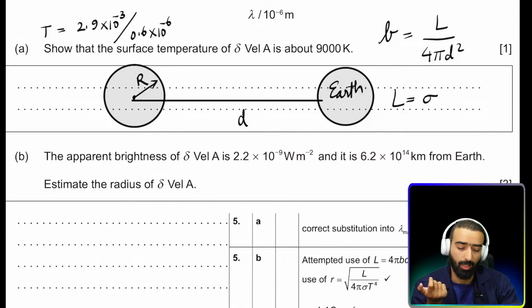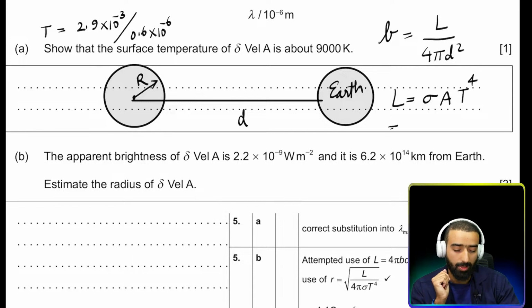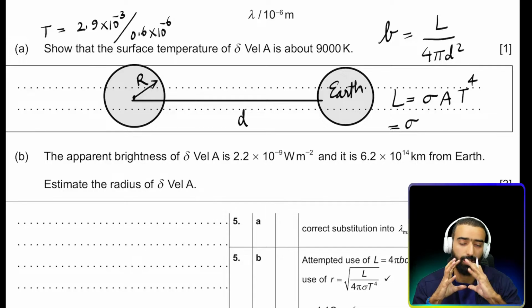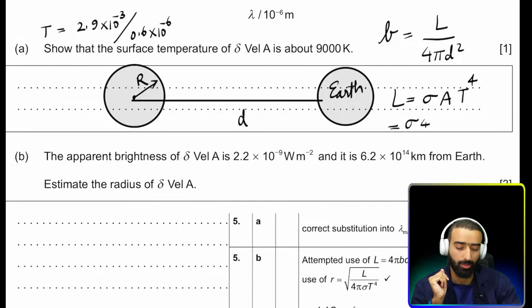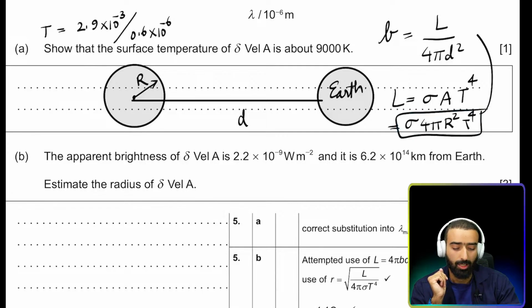Luminosity is sigma, the surface area, and temperature to the 4. What's the surface area of a star? Well, it's a spherical object, so its surface area is going to be 4 pi r squared. T to the 4. I can grab this and plug it here.